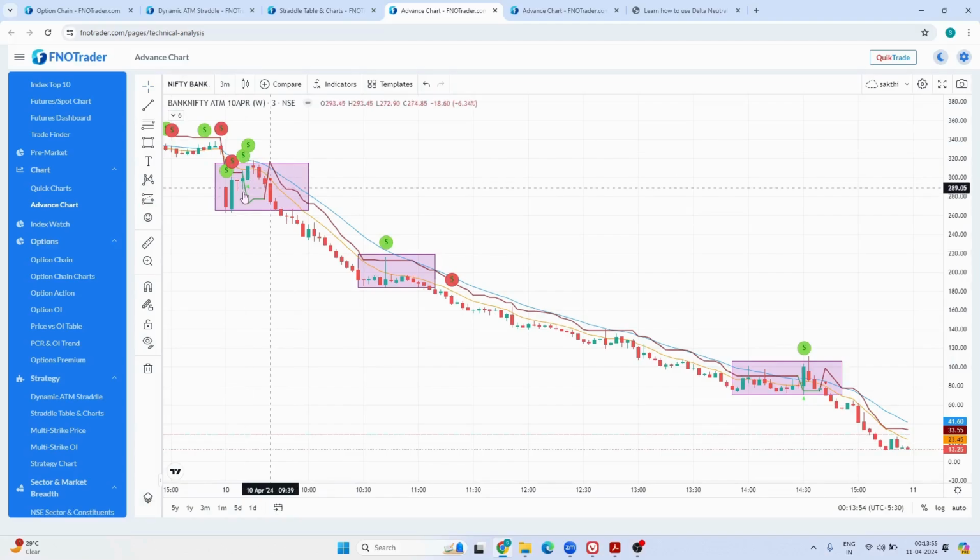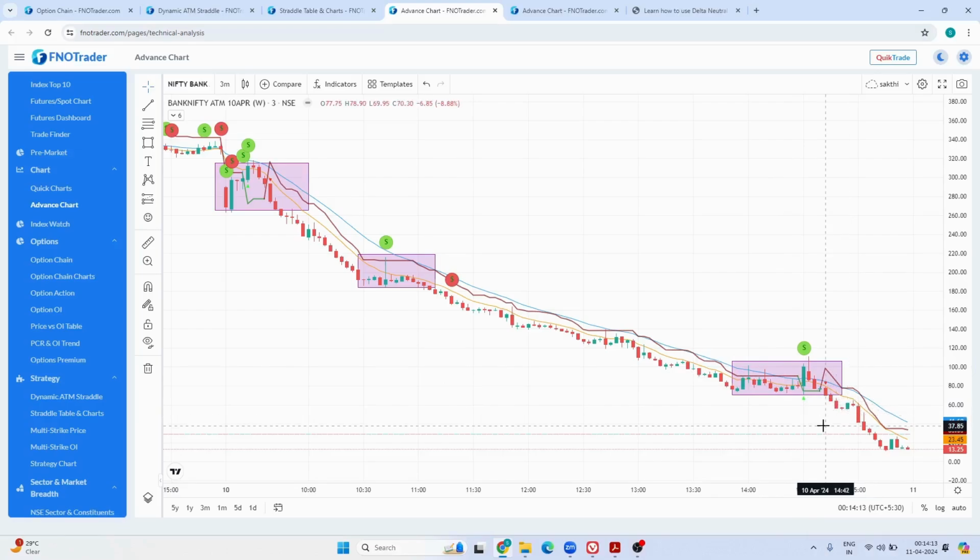You can see I have marked consolidation areas. Whenever in the consolidation it starts going down, that is when I can take very conservative positions. Again, when it starts consolidating here, I might be out and watching. When it starts coming down, I might take a position here.